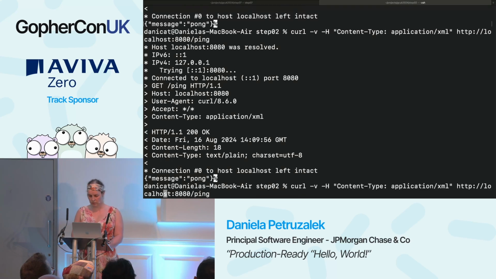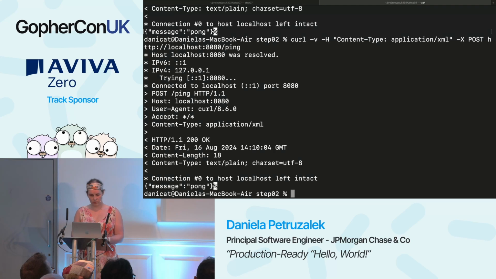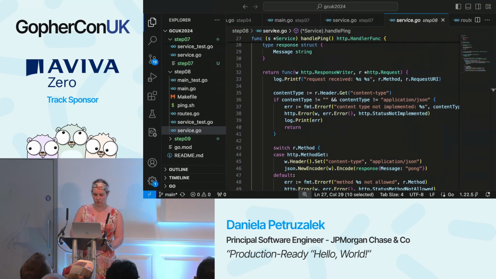I can even use the POST method, and it doesn't do anything different. Remember that it's not only important to do what it's supposed to do, but also not to do what it's not supposed to do. By definition, it's not supposed to respond to those things, and this is the kind of consideration we're taking here.